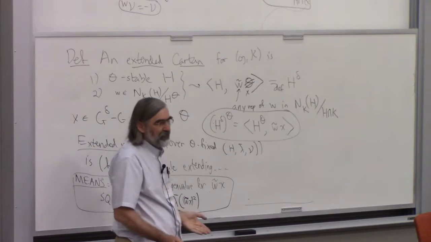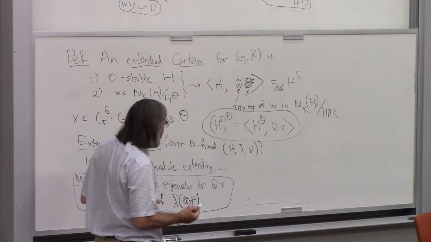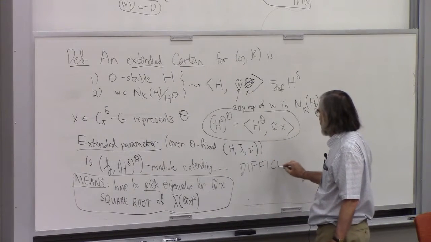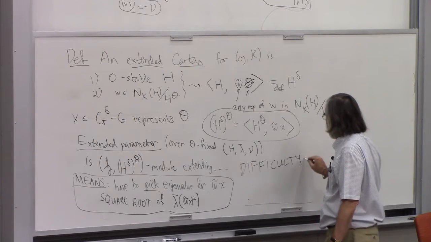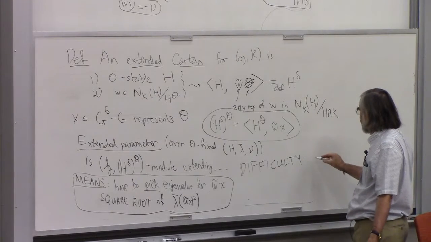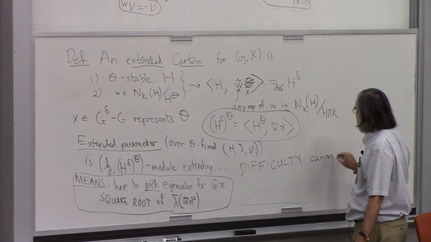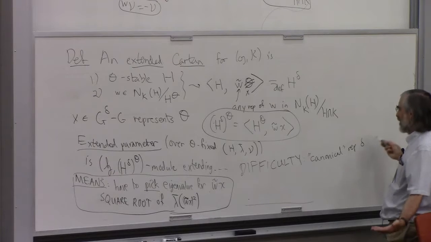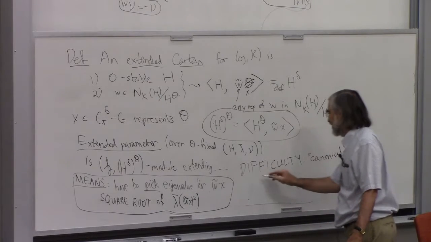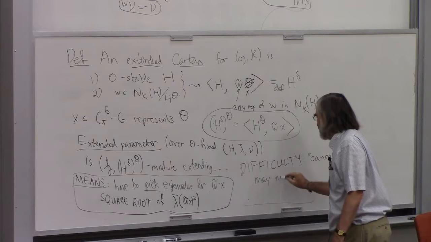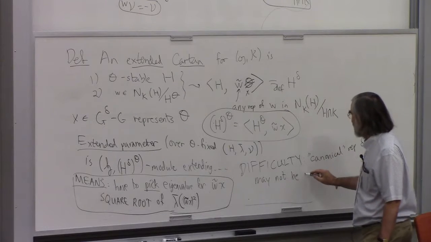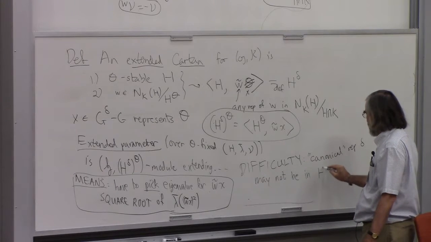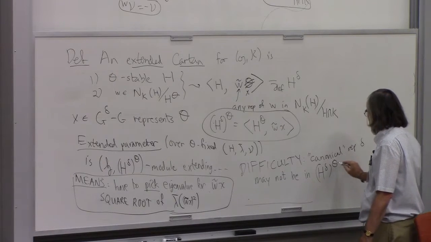And what makes this hard is this sort of canonical representative delta, to the extent that this makes sense, may not be in this H delta upper theta.